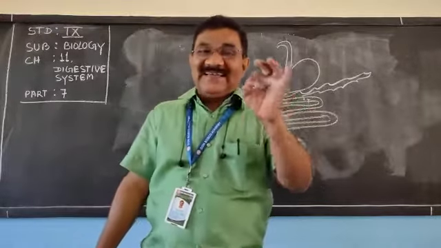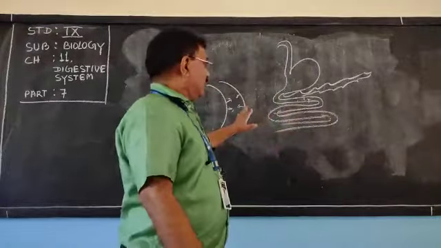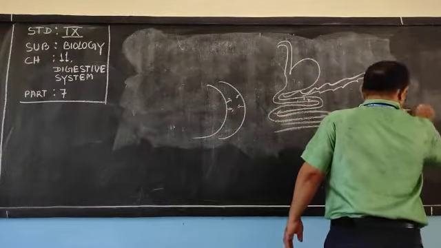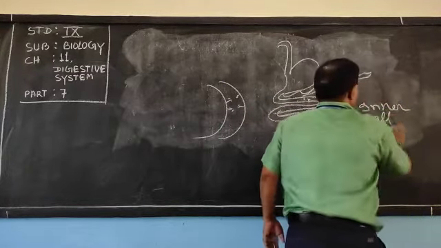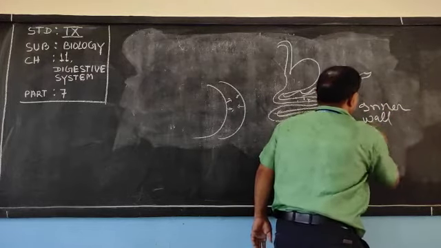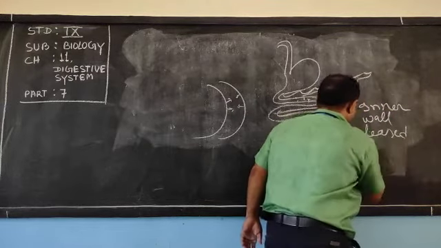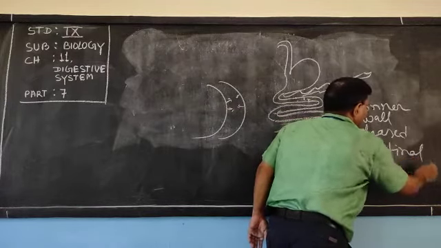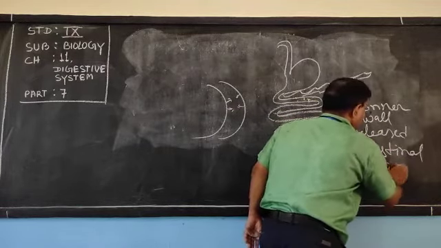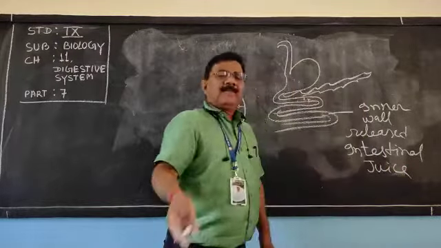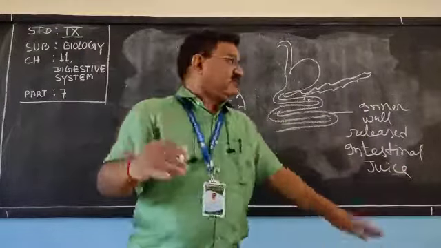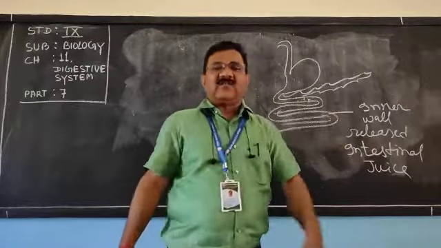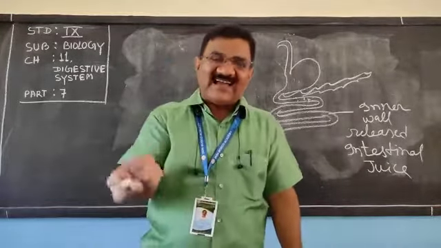They are called intestinal juice. So the inner wall of the small intestine releases intestinal juice. Very clear or not? Pancreas releases pancreatic juice, and the inner wall of the small intestine releases intestinal juice.